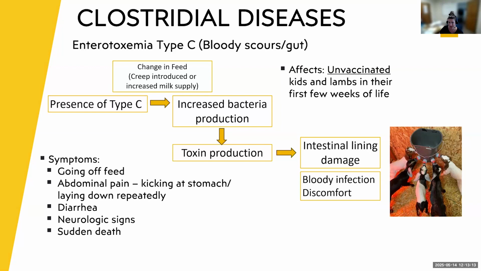And so who does this affect? It primarily affects unvaccinated kids and lambs in their first few weeks of life. And so I put on here a picture of bottle or bucket fed goats, because those are the ones, your bucket fed animals, are probably the most susceptible because you're not able to really individually feed them how much they should be eating.